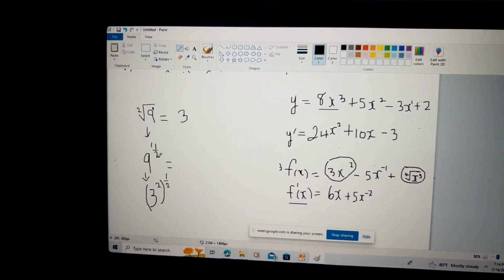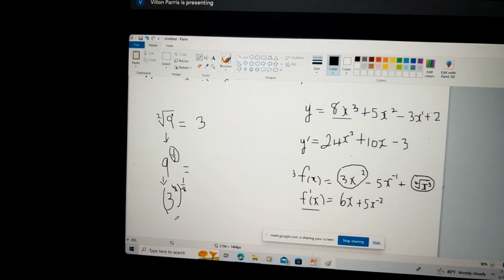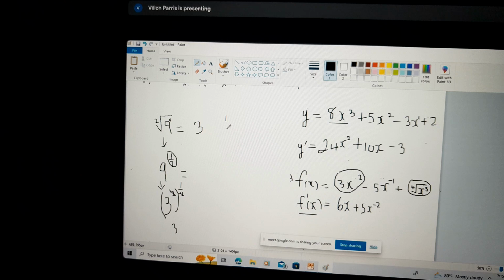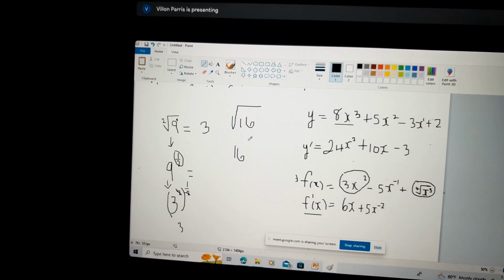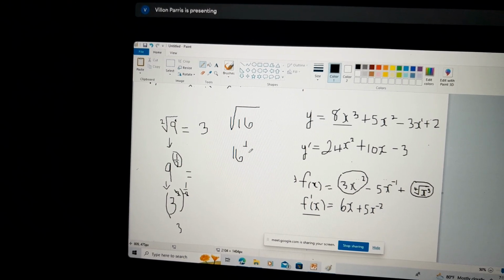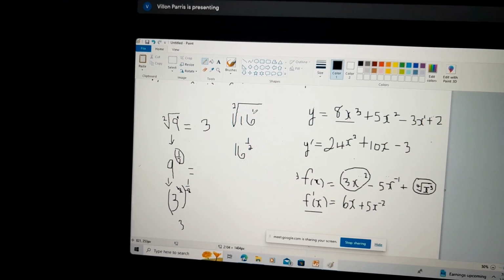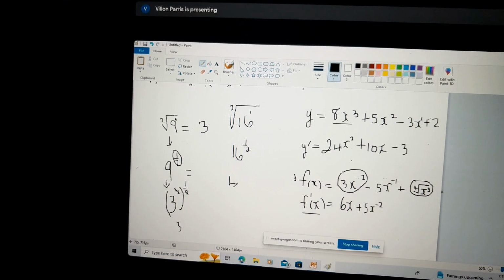So the square root means to the half power. That's the point I'm trying to make. If we had worked it out like this, we would still get 3. So the square root of 16 is the same as 16 to the half power, because there's a 2 here for square, and you have a 1. 16 can be written as 4 squared.